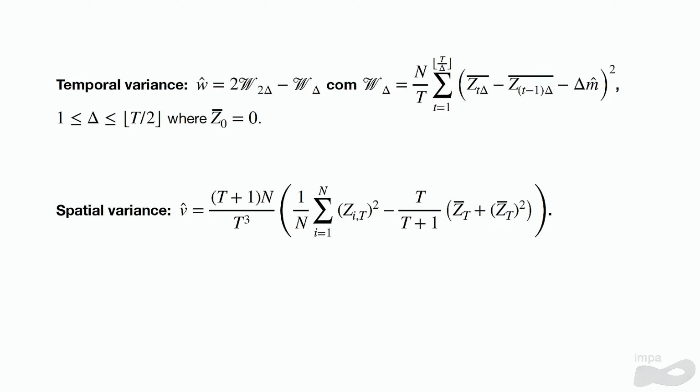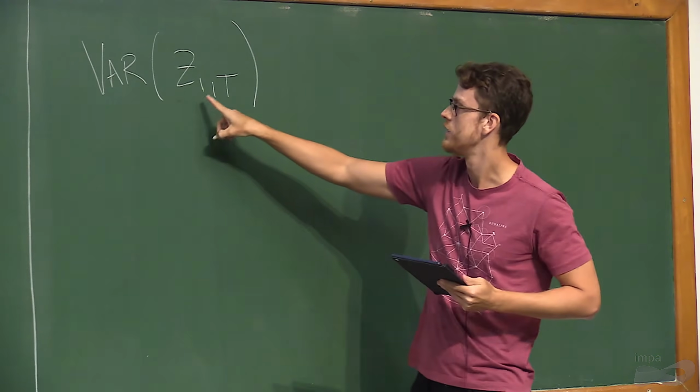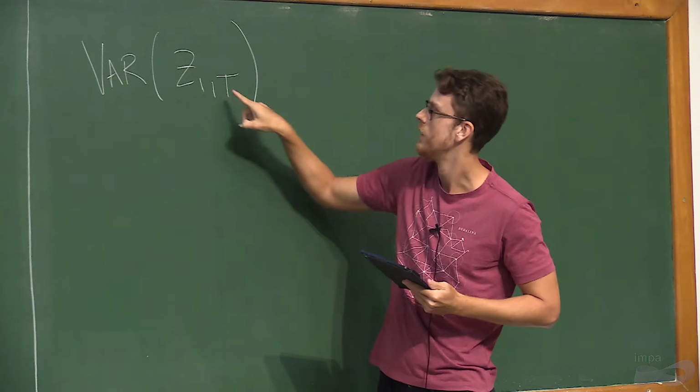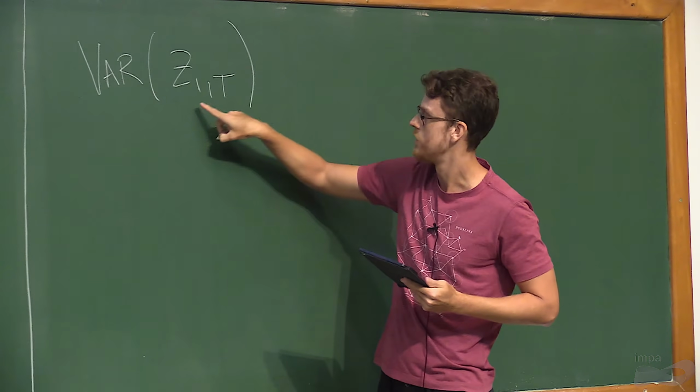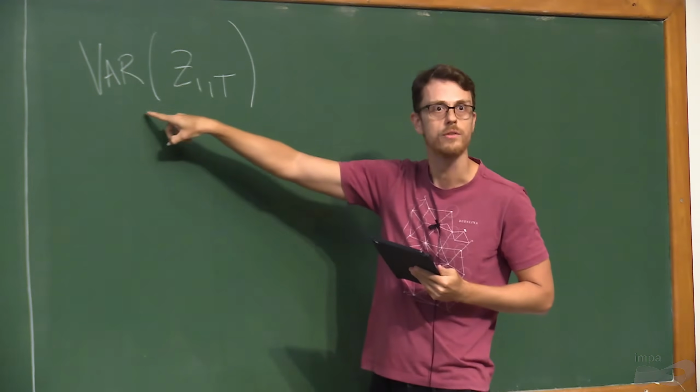Okay, so that's the main idea for this temporal variance. And for the spatial variance, we use the fact that, for example, we start from this equation, var of Z1t. Suppose I want to compute the variance of vertex 1: I compute how many signals it sends from 1 to t, and I compute the variance of this thing.